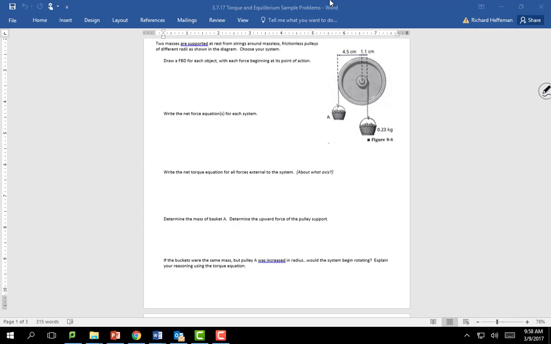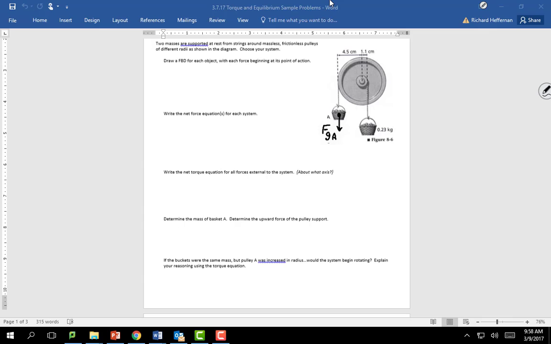For that first basket of potatoes, where does the force of gravity act? Straight down, but where? At its center of mass. So the force of gravity on basket A acts at its center of mass.